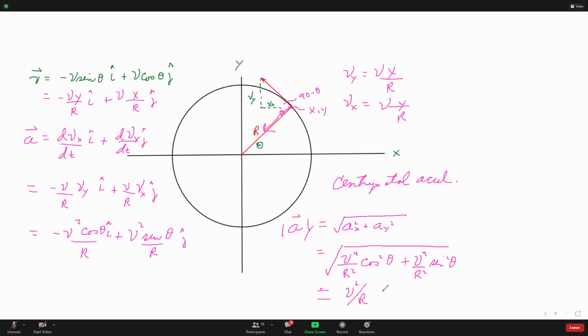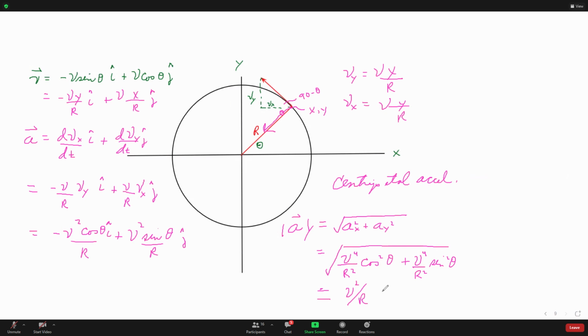Now, what if it's moving around a circle of constant radius, but it's speeding up as it moves? In that case, the motion is no longer uniform circular motion, but the centripetal portion of the acceleration is pointed towards the center, and there's a parallel component of acceleration causing it to speed up as it goes around.